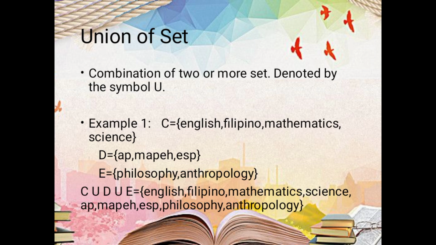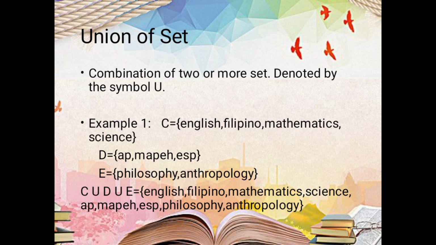So next, union of sets. Union of sets is the combination of two or more sets, and it is denoted by the symbol U. Example number 1: C is equal to English, Filipino, Mathematics, and Science. D is equal to AP, MAPE, and ESP.